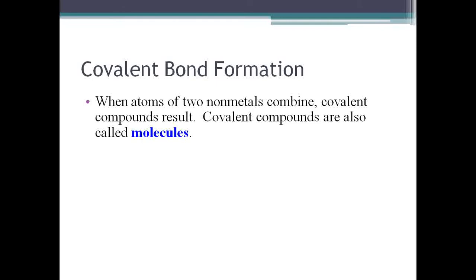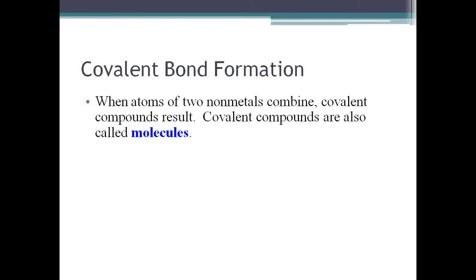Now, there is another way of satisfying an atom's lust to get an electron configuration like a noble gas, and whilst it's probably not quite as satisfying as forming ionic compounds, it nevertheless does work for non-metals. So this is an example of where two non-metals actually combine, and the bonds that form between them aren't ionic bonds.